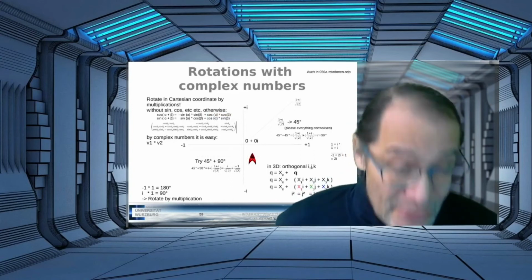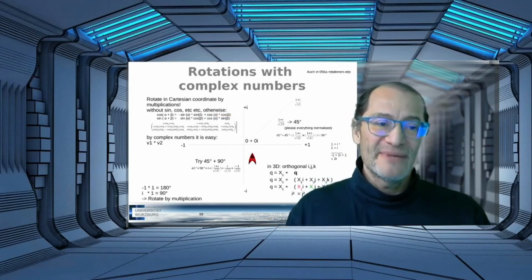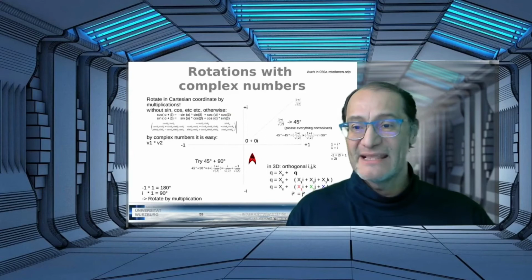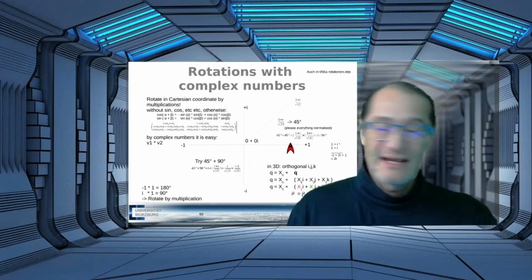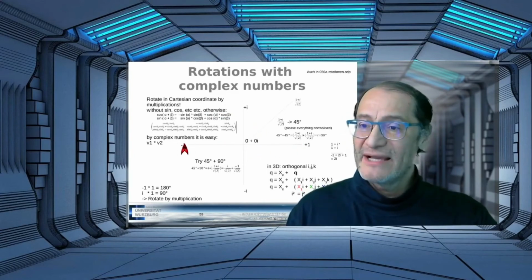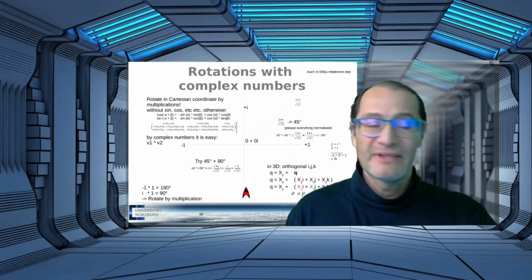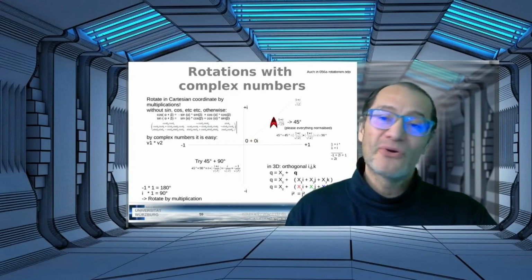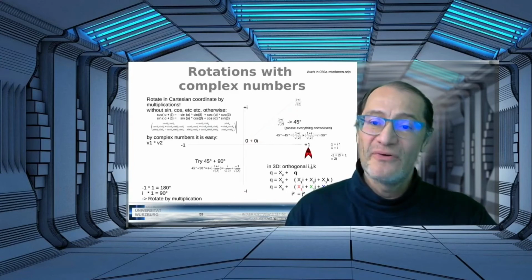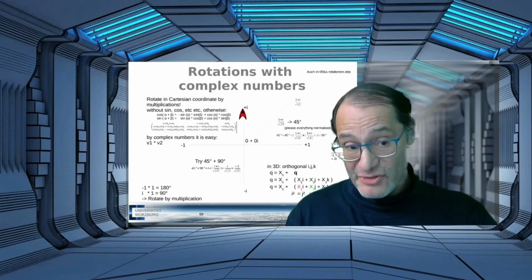About rotations with imaginary numbers, do you remember in the last movie we explained this? If we have our imaginary or complex plane, we have this direction with real numbers and this direction with imaginary numbers. And we can encode any vector as the sum of a real plus an imaginary number.